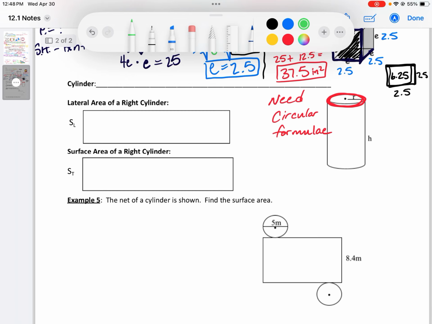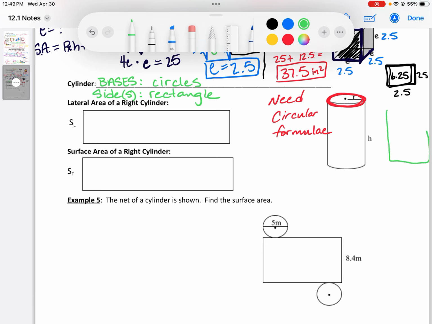All right. First, let's talk about what a cylinder is. A cylinder has bases that are circles and a side, or I guess you could say sides, that is a rectangle.